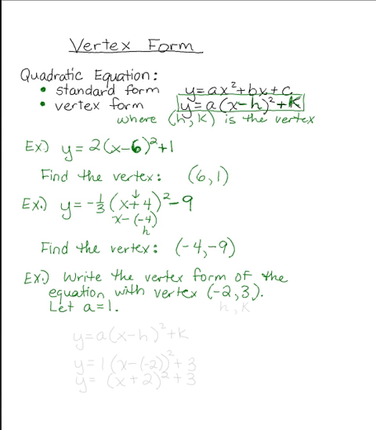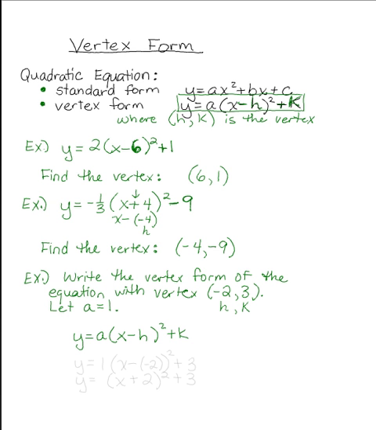If our vertex is given to us as negative 2, 3, that means negative 2 is our h value and 3 is our k. Remember that the format is y equals a times x minus h squared plus k.